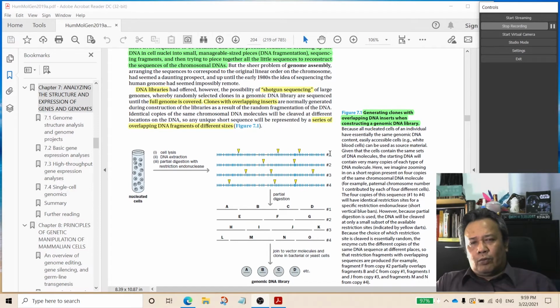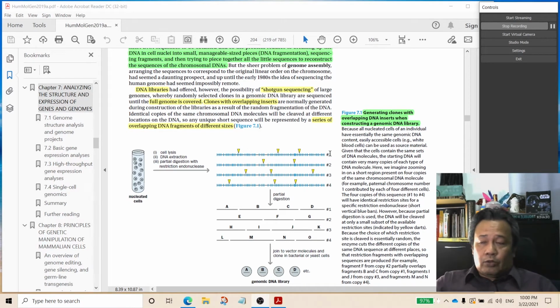So when they say shotgun sequencing, it means you don't sequence one point at a time, from that point and then move to the next and the next. Shotgun sequencing is that you sequence everything in one go.